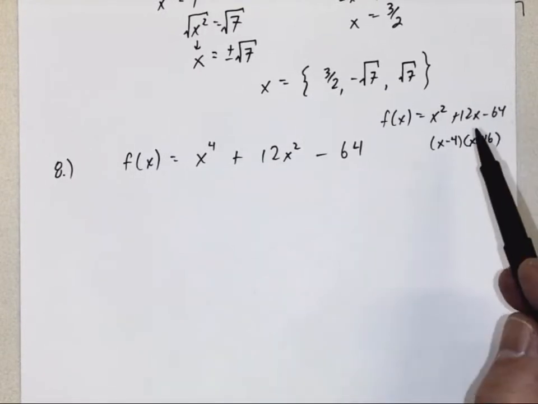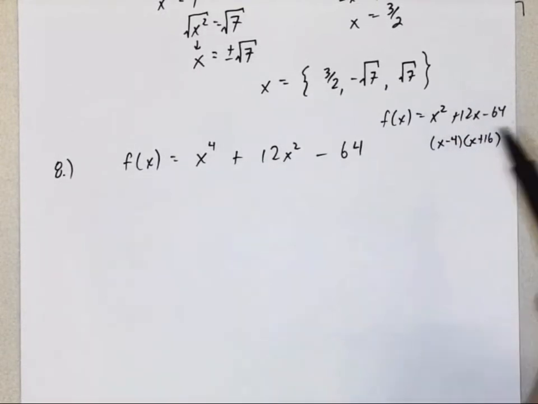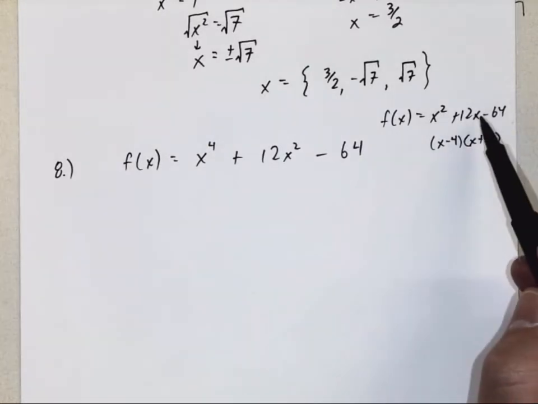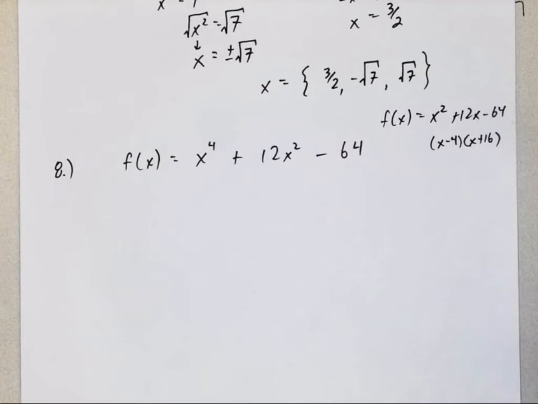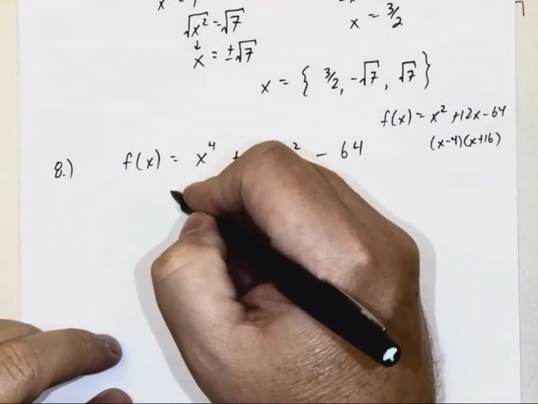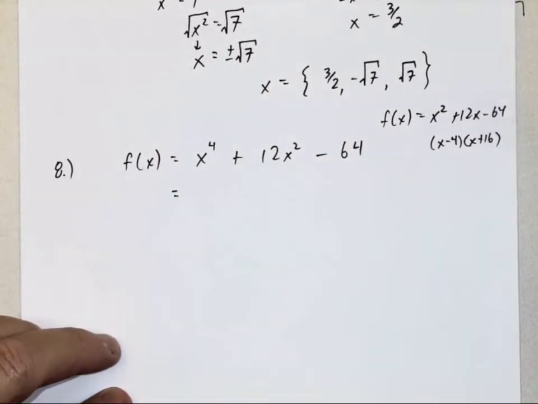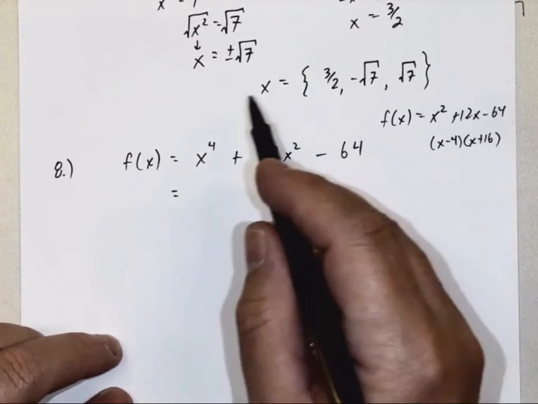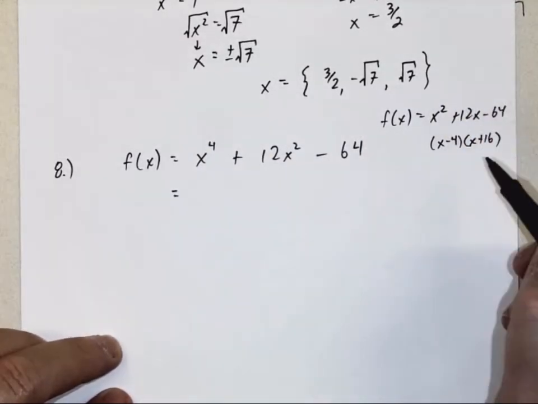Now, the difference between this quadratic and this equation is, instead of an x squared, I have an x to the fourth, and instead of an x, I have an x squared. But one of the things you learn quickly is I can factor in almost the same way.